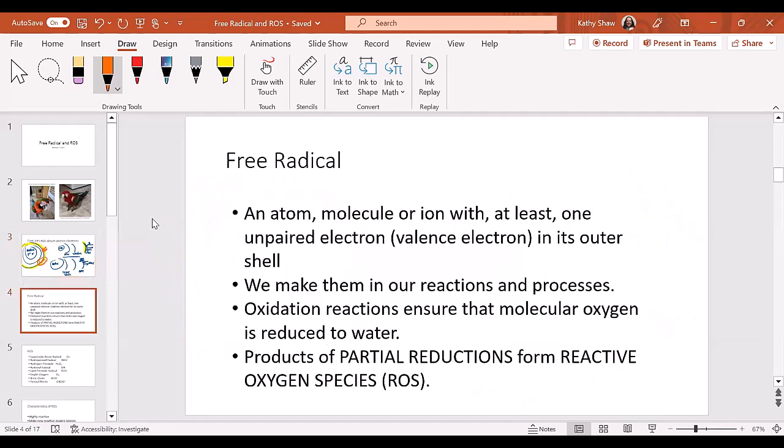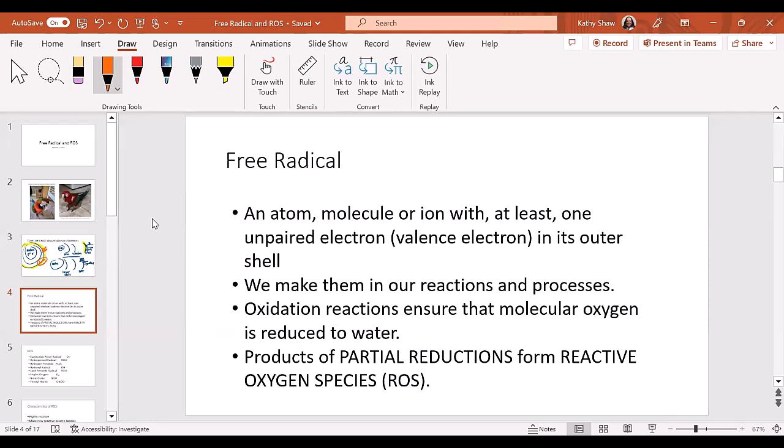Okay, so what we're going to talk about first is free radicals. A free radical is an atom, molecule, or ion with at least one unpaired valence electron in its outer shell. We make them in so many things that we do.